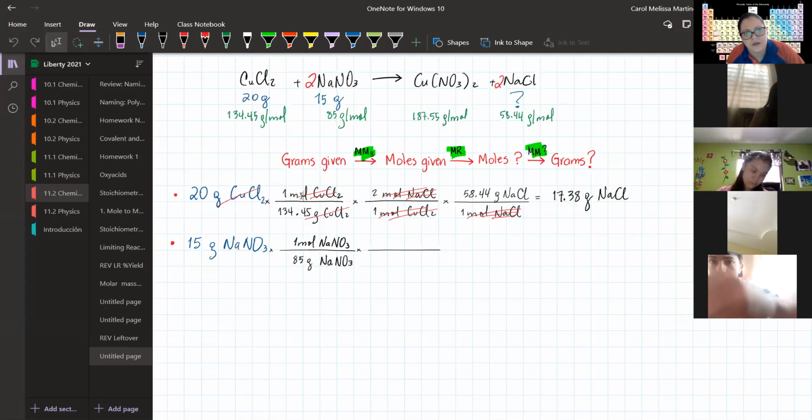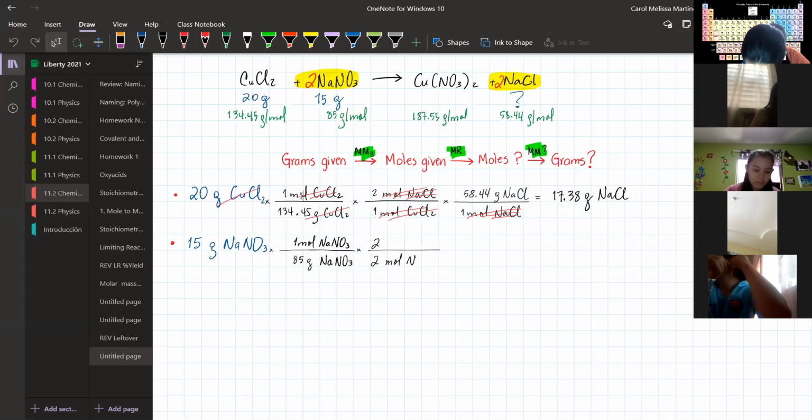I continue. Molar ratios between the second reactant and NaCl. As you can see, the two coefficients are 2 against 2. That's all that matters, okay? 2 against 2. And then moles of sodium nitrate, moles of NaCl. And in the last step, the molar mass of the unknown, that is NaCl, 58.44 grams.